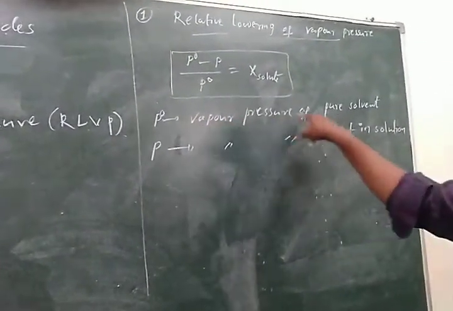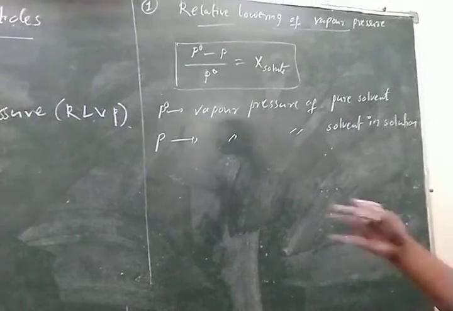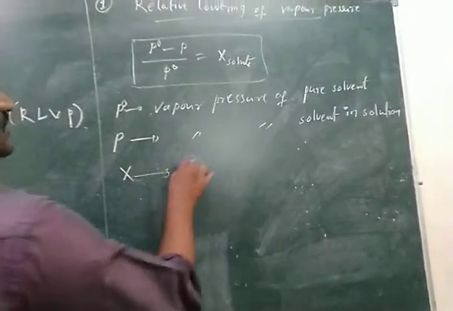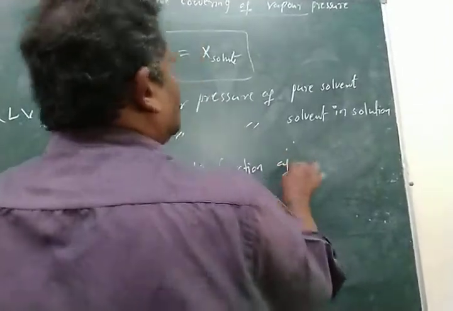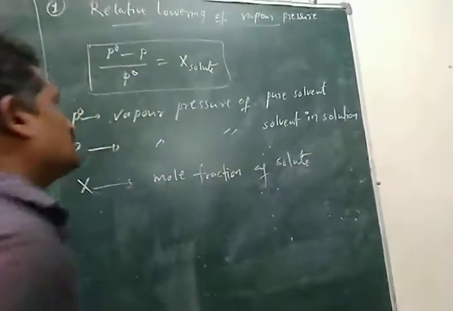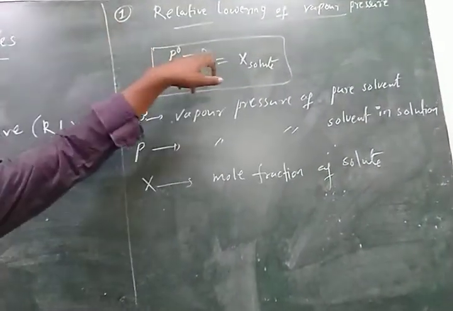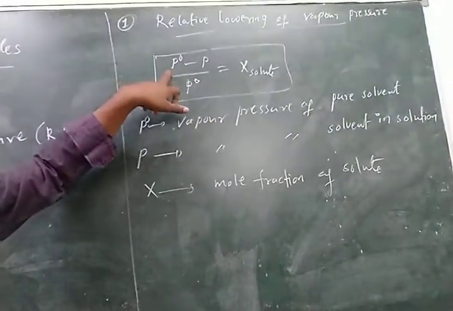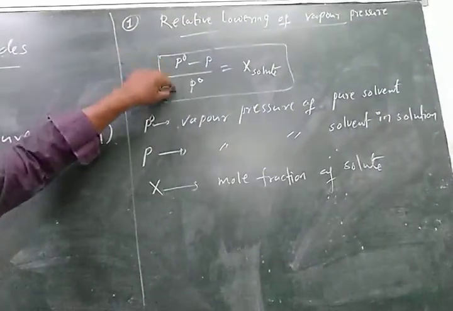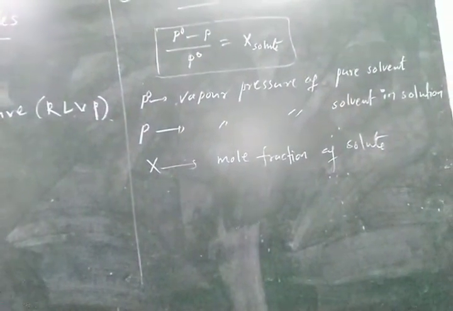And X is the mole fraction of solute. So according to this, relative lowering of vapor pressure means the ratio of vapor pressures of solution and pure solvent is equal to the mole fraction of the solute. That is the relative lowering of vapor pressure.